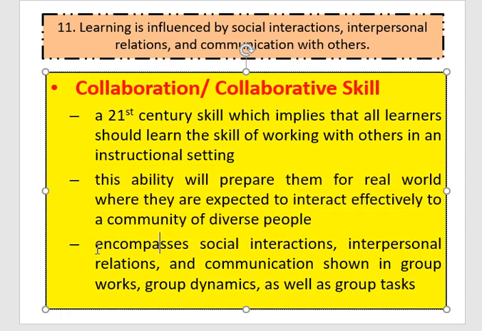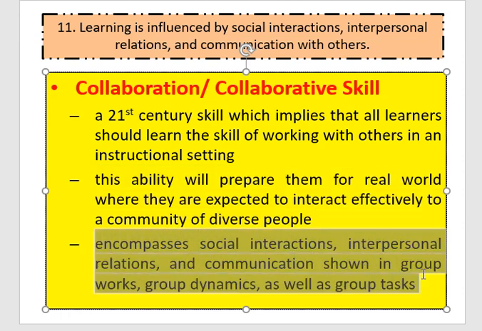And another one we have here, it encompasses social interactions, interpersonal relations, and communications shown in group works, group dynamics, as well as group tasks. So, whatever you have observed in a group activity where one shares one idea to another, nag-uusap kayo, nagbabahagi kayo ng inyong mga nalalaman, that is collaboration.